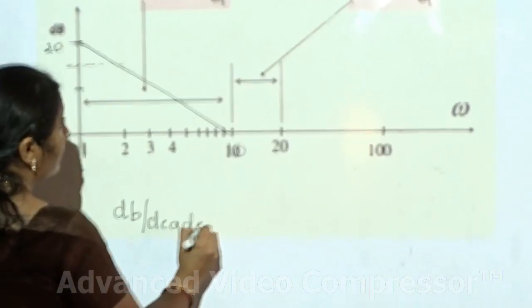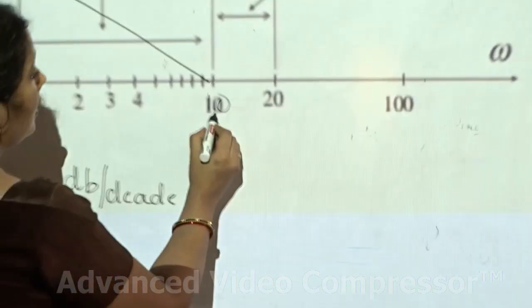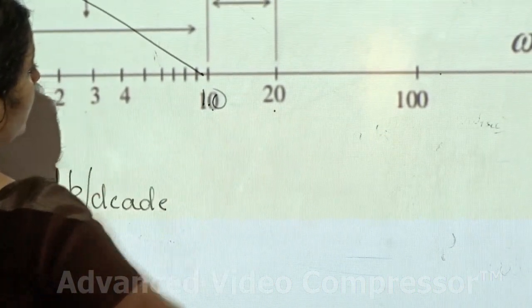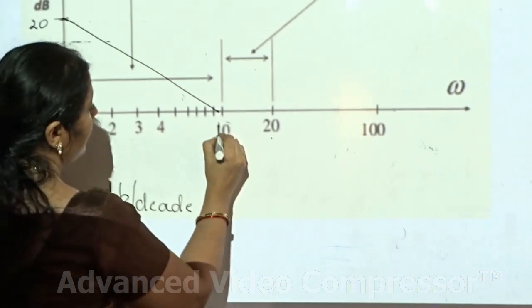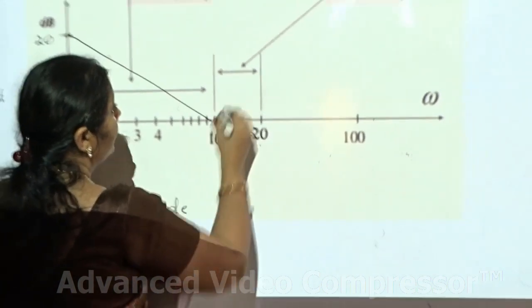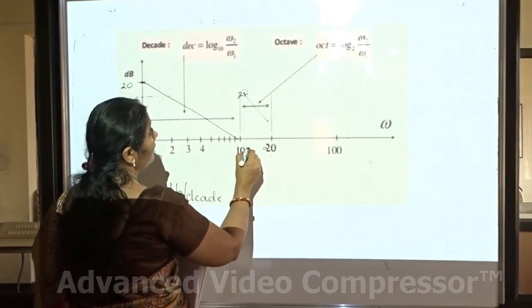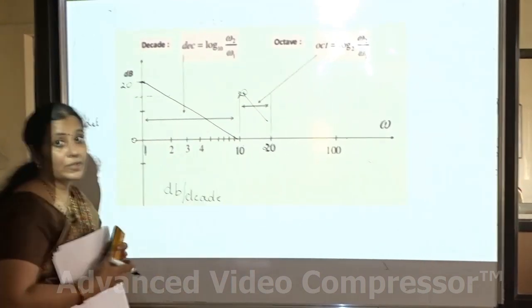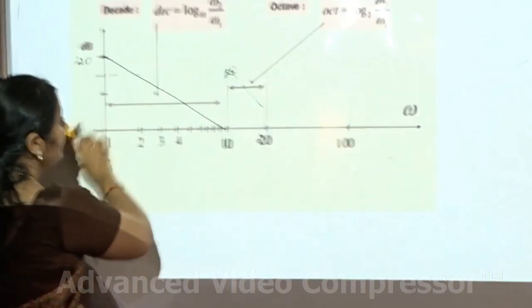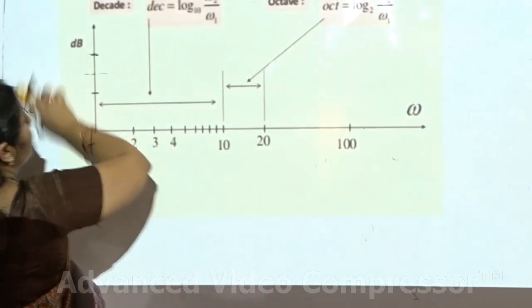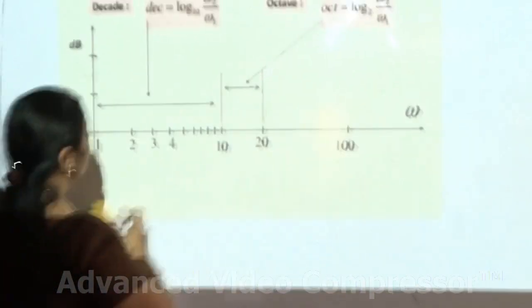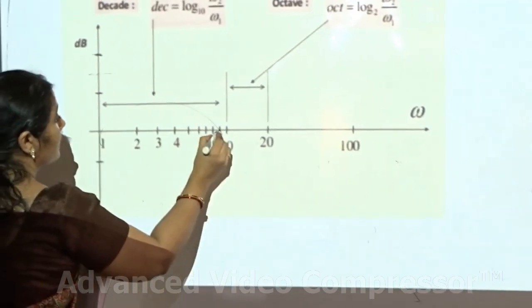The same thing if we are going from 10 to 20, then going down from 20 to 0 like this, it is octave, decibel per octave. Usually we take it as decade itself, that is the frequency increases by a factor of 10.